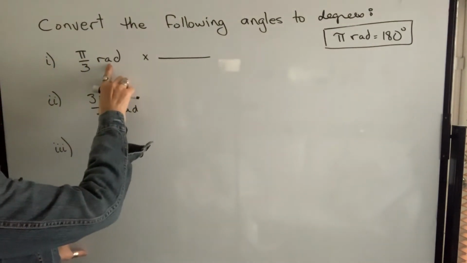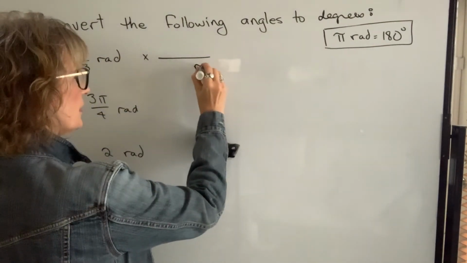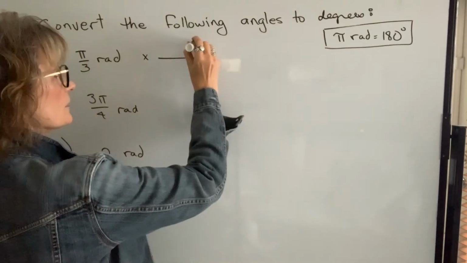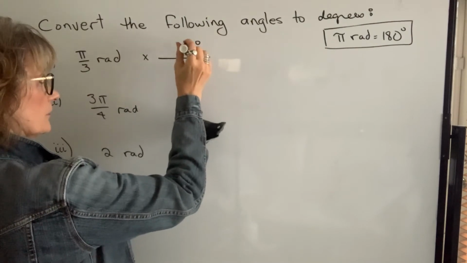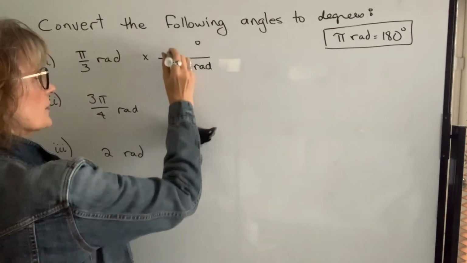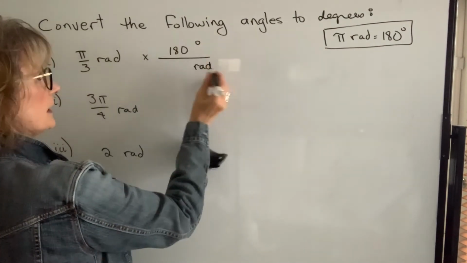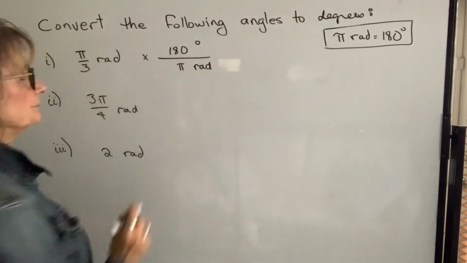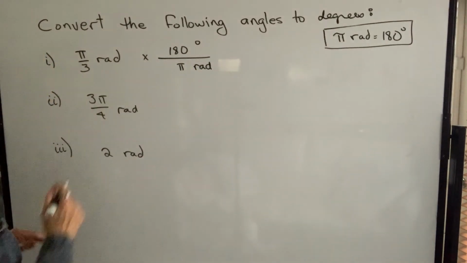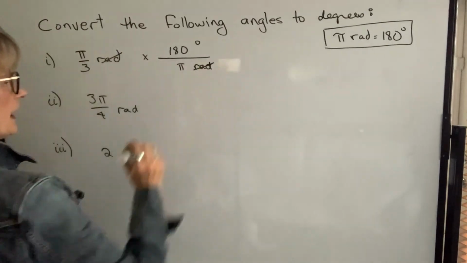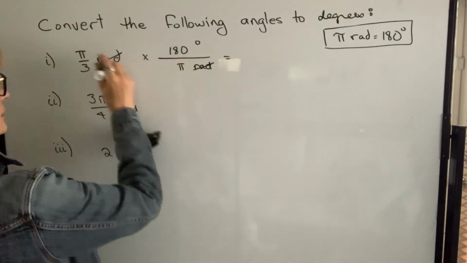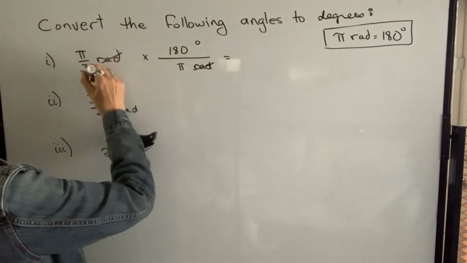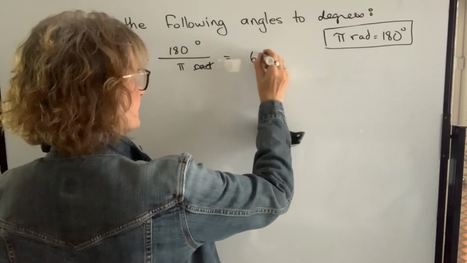I want to eliminate radians, so radians goes in the denominator, degrees goes in the numerator, and then I have to write an equivalent value in the numerator and the denominator. So I know that 180 degrees is equal to pi radians. So the unit radians will cancel, and pi will cancel. I'll have 180 over 3 degrees, which is 60 degrees.